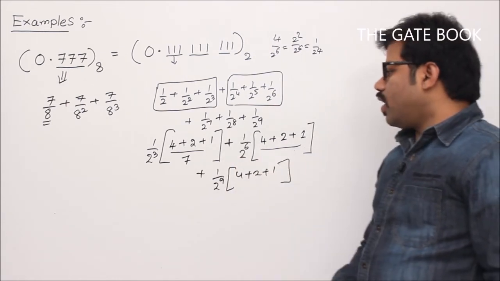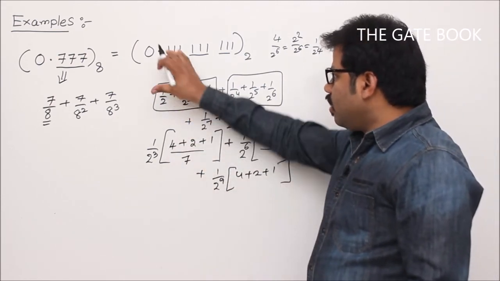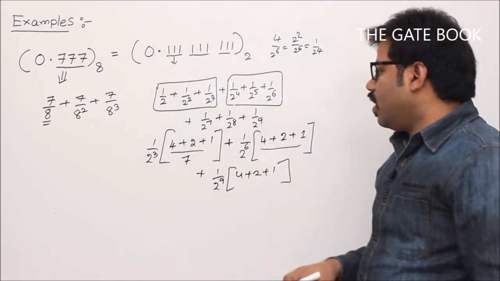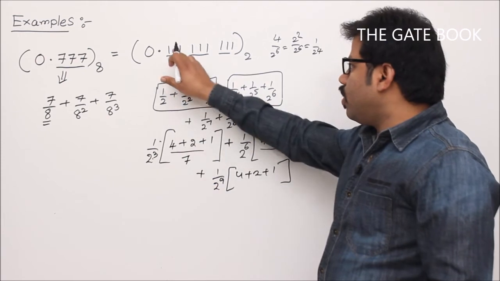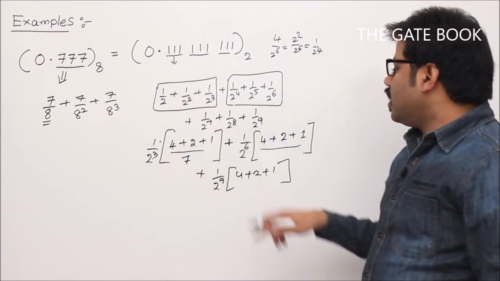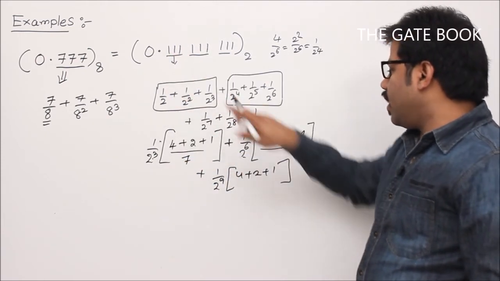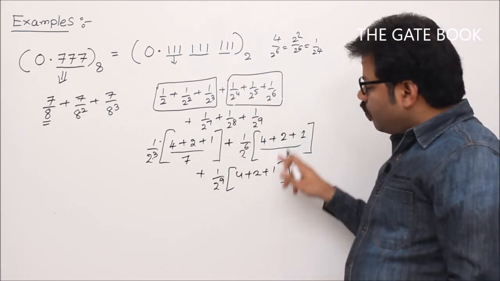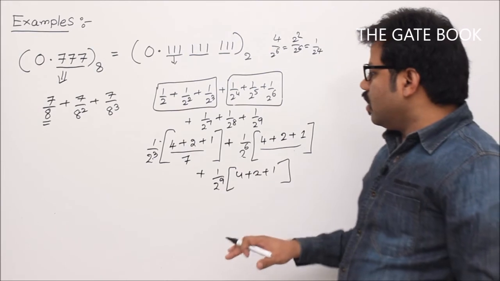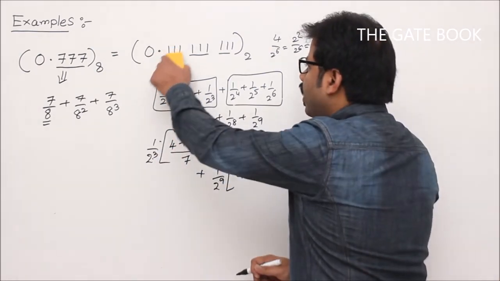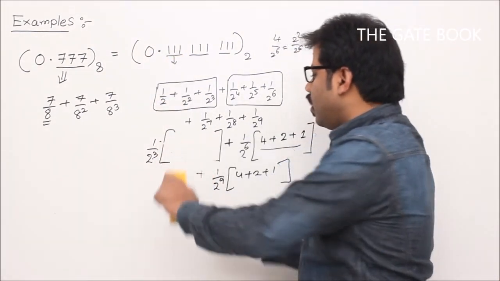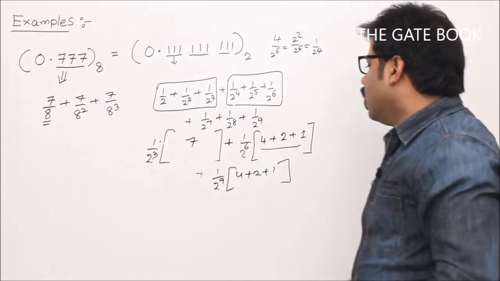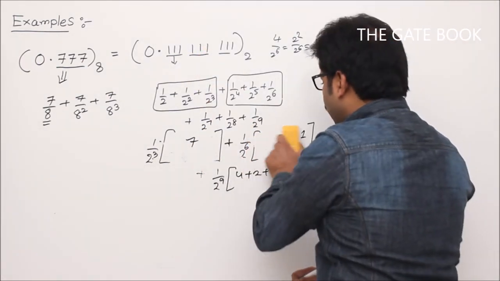So in this process you understand that finally this binary representation is nothing but 1 by 2 cube into 111's value plus 1 by 2 power 6 into this binary value in octal form, and 1 by 2 power 9 into this 4 plus 2 plus 1 in octal form. That means 1 by 2 cube into this weightage 111. What is the value of 111? 7. So what is the value of this 111? 7.